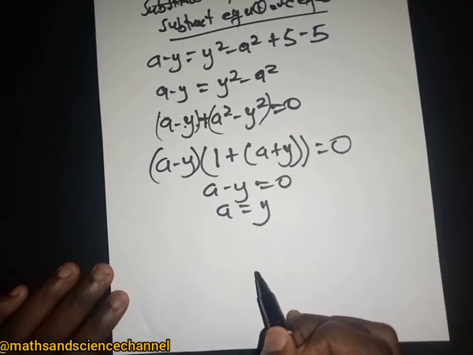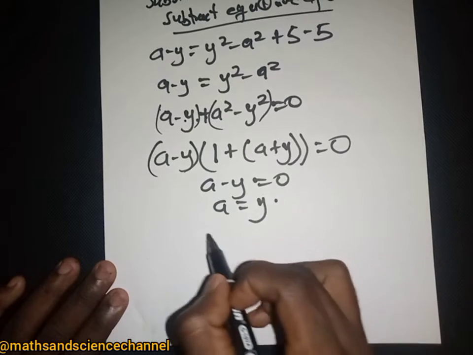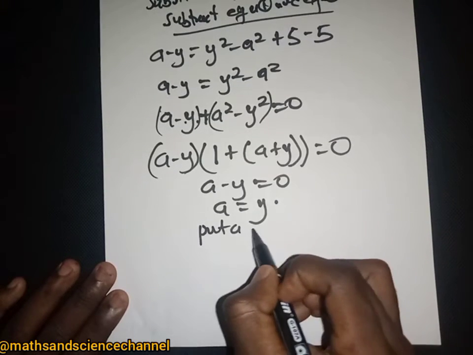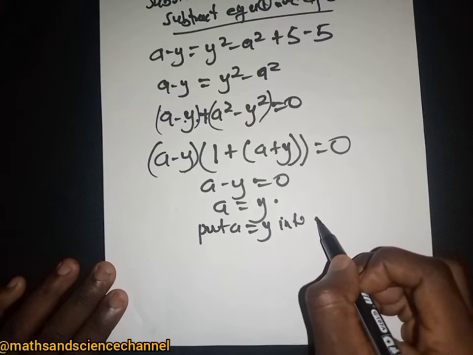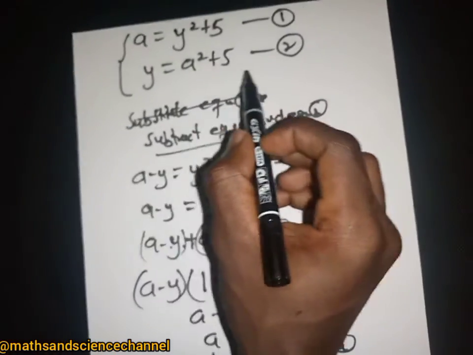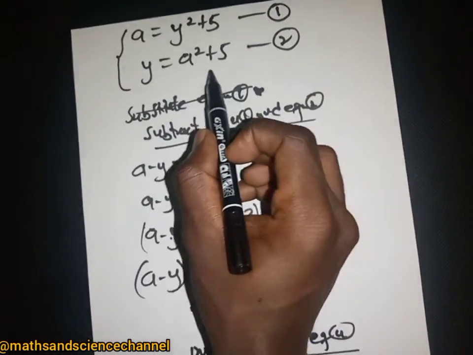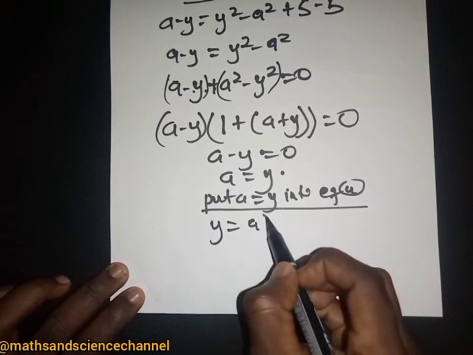If that is the case, then let's put a equal to y into the second equation, right? So equation 2 was y equal to a squared plus y plus 5. So y here is equal to a squared plus 5.